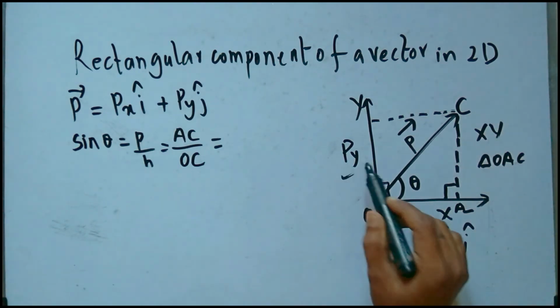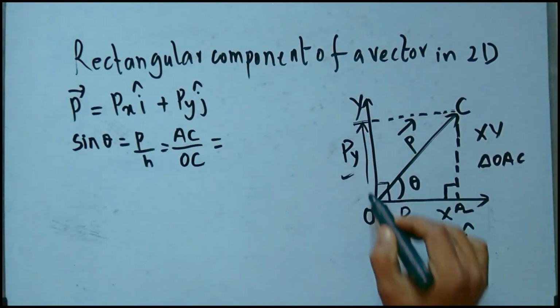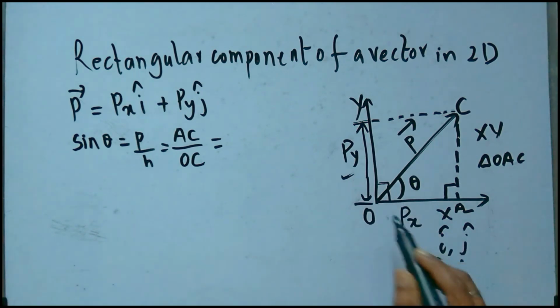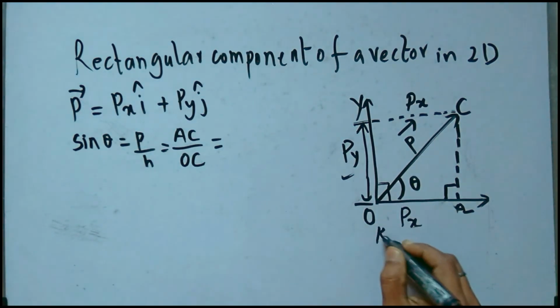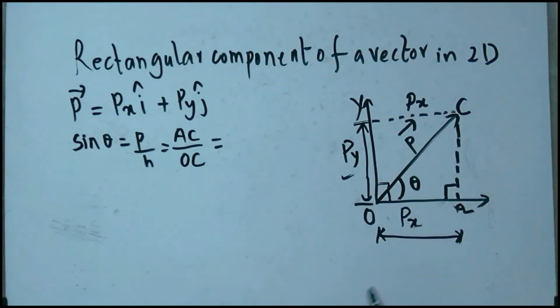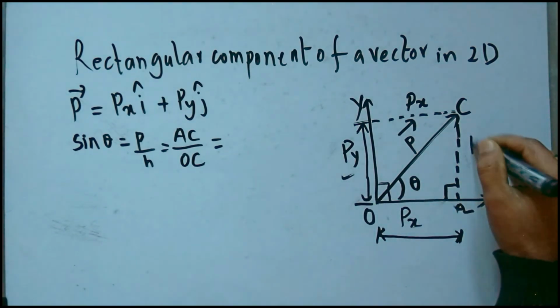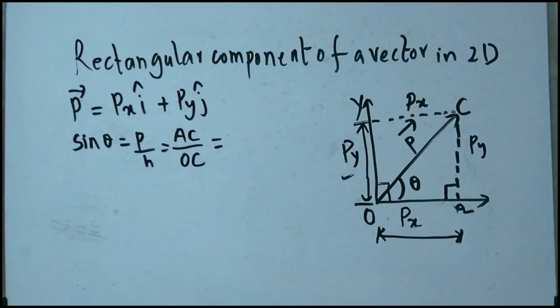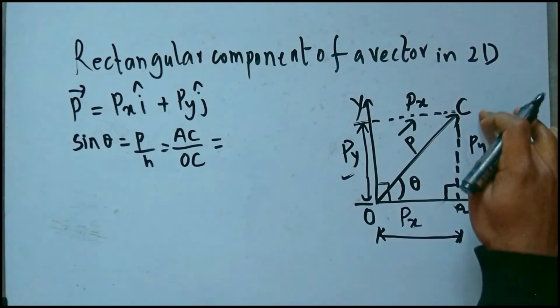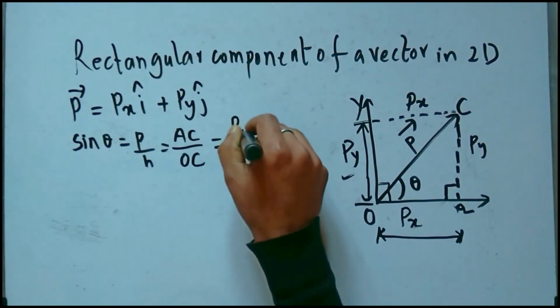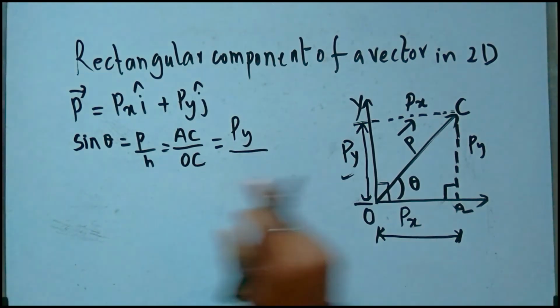So if this is Py, so if this is Px and Py, this is also Py and this is also Px. So AC is Py. Py by OC.